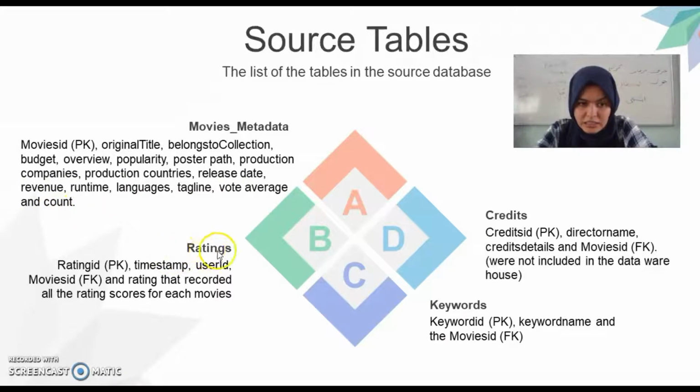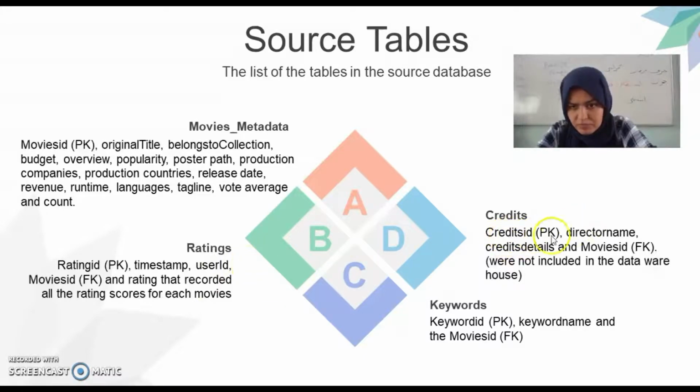And the second table is the ratings table. The attributes are rating ID as a primary key, timestamp, user ID, movie ID as a foreign key, and rating, which records all ratings stored for each movie.